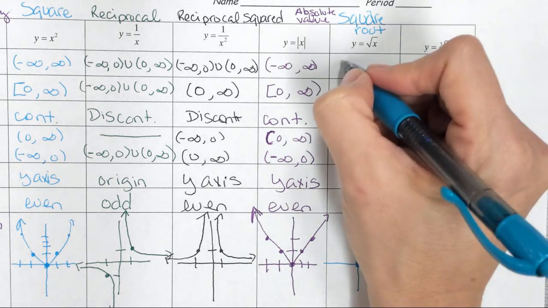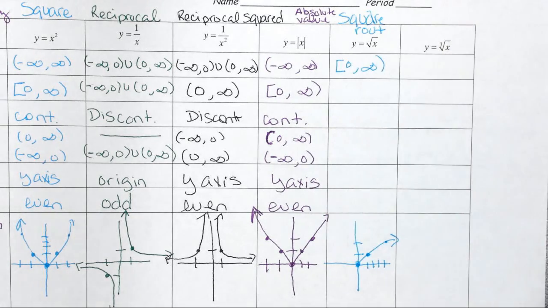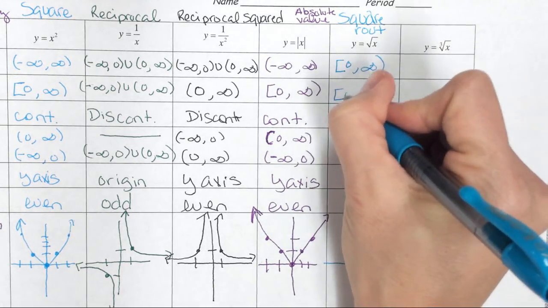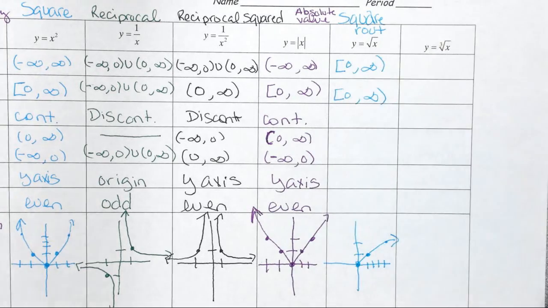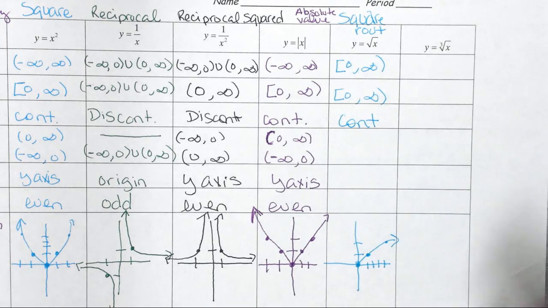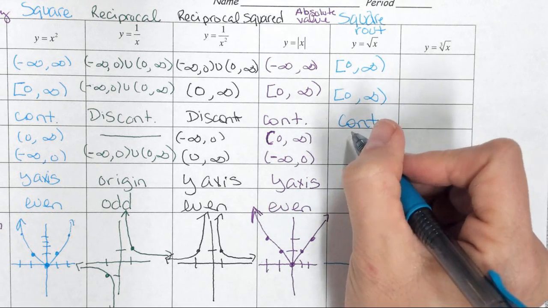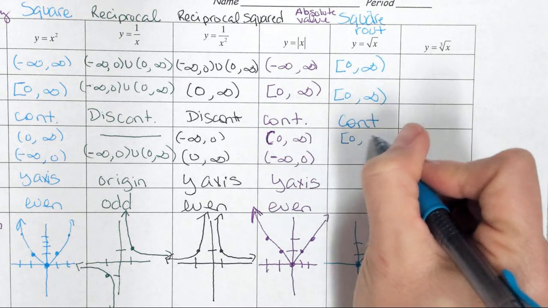So the domain for this one goes from 0, including 0, to infinity. Your range goes from 0 to infinity. There's no holes, there's no asymptotes, so it's continuous. It never decreases, it only increases, and it increases from 0 to infinity.